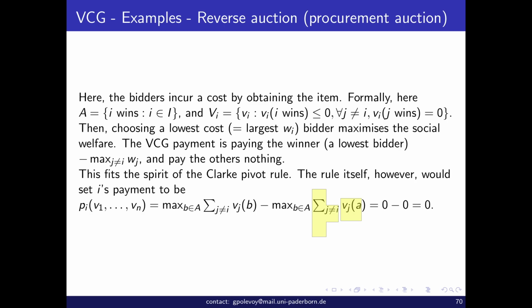That's positive, that's what you pay. That's simply what we suggest. It's not a Clark pivot rule, but it kind of reminds of it, because you pay the second largest.